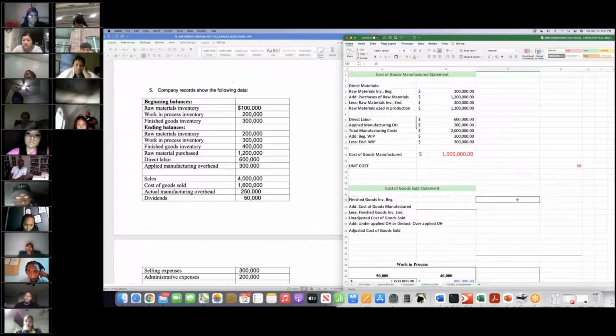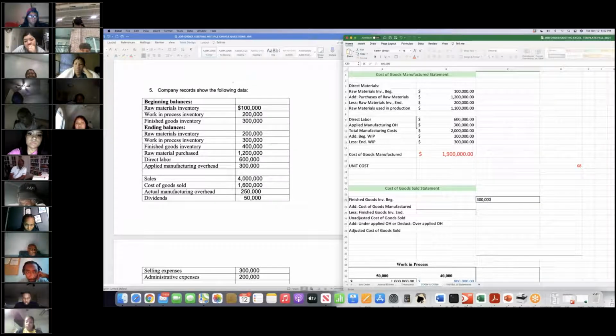What's the first number on cost of goods sold? 1.9. Not the first number. That's the second number. It's 300,000 for the finished goods beginning inventory.